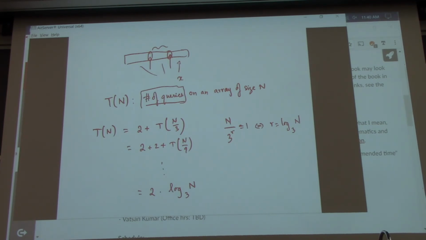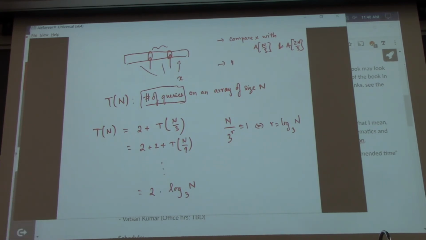So I haven't written down the algorithm formally, but what he said is: compare x with a of n by 3 and a of 2n by 3, and appropriately recurse into a subarray.